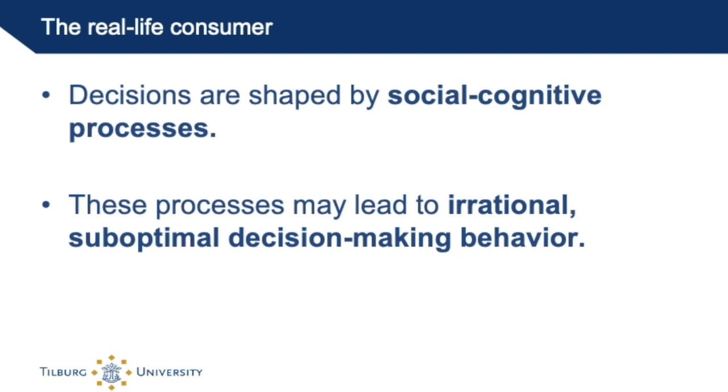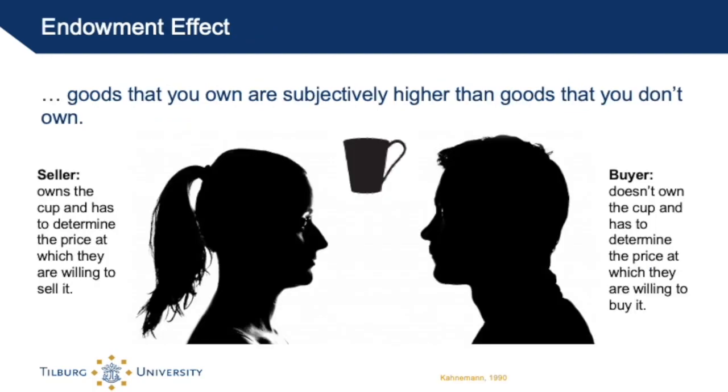And what we want to do here is take a look at a couple of examples for these sort of suboptimal decisions in the context of consumer behavior. One of these examples is the so-called endowment effect, which deals with the idea that goods that you own are valued subjectively higher than goods that you don't own.